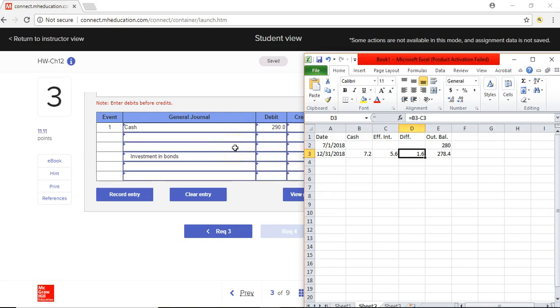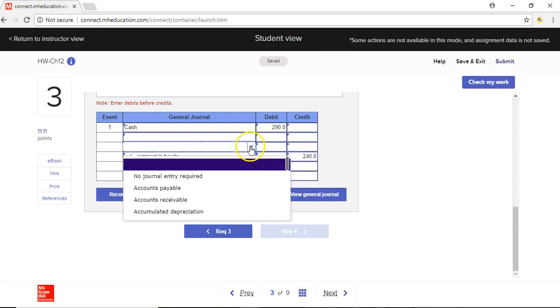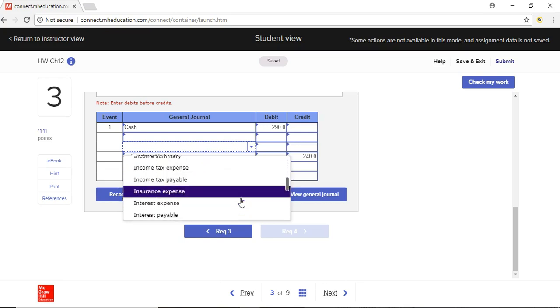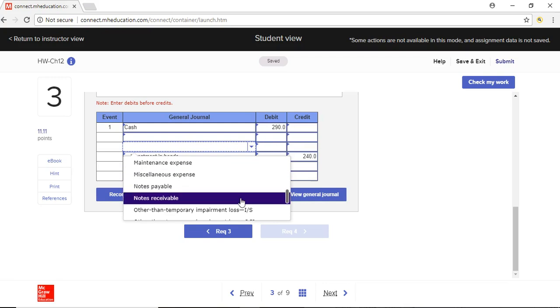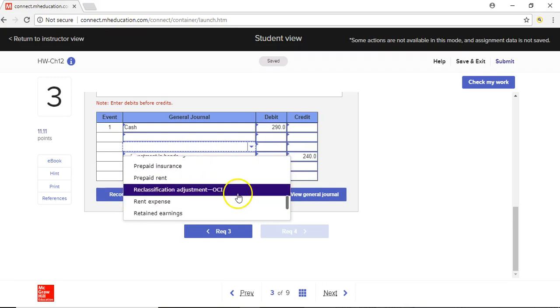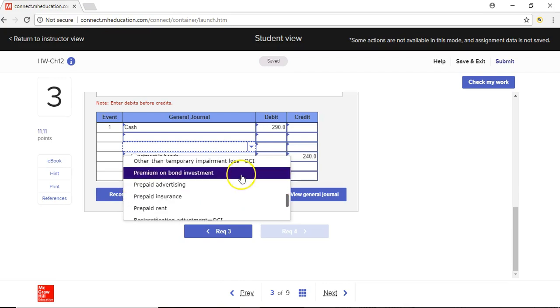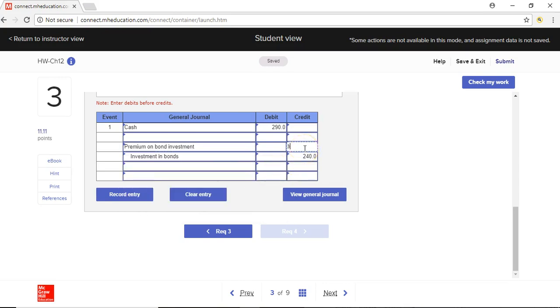To retire those unamortized premiums, we put them on the credit side. So by these two accounts, we wrote off the book value of the investments.